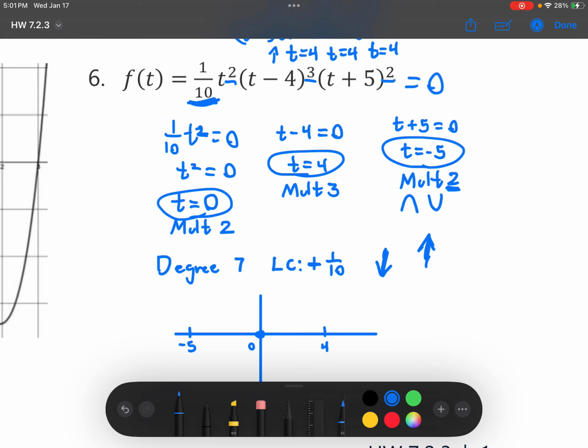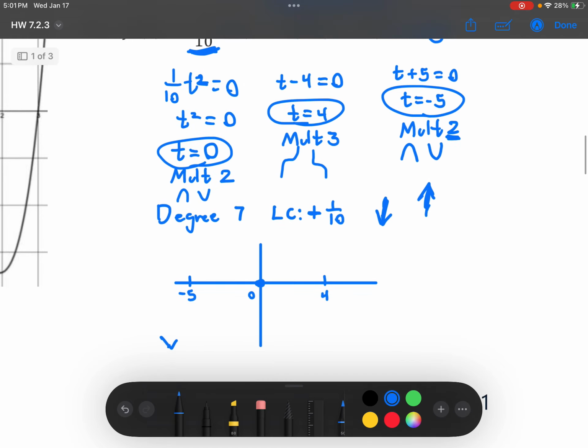If I have a multiplicity of 3, it's going to look like this or like this. And that's the same if you have a multiplicity that's odd. So anytime you have a multiplicity that's odd, it's going to look like that. And then finally, we already talked about multiplicity of 2, but it's going to look like this or like this. So since I'm starting on the bottom left, and I have a multiplicity of 2 at negative 5, I am going to bounce off that x-axis and back down.